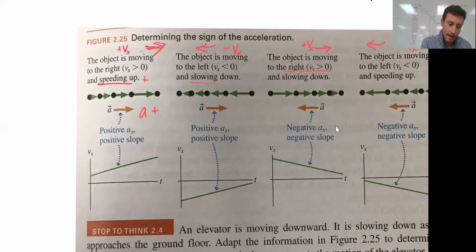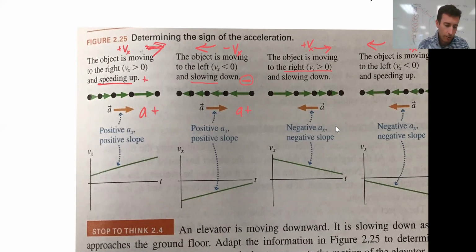Slowing down means getting slower, which is a negative change. So a negative negative also gives me a positive acceleration, because it's slowing down in the negative direction, and two negatives make a positive.